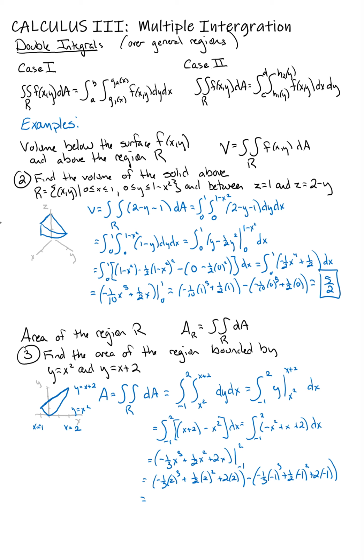Actually, that'll be minus 1/2. That's negative 8/3. Minus another 1/3, so negative 9/3. Minus 3. So where are we? Minus 3, that's 5 minus 1/2, which gives us, I believe, once it's all simplified, 9/2.